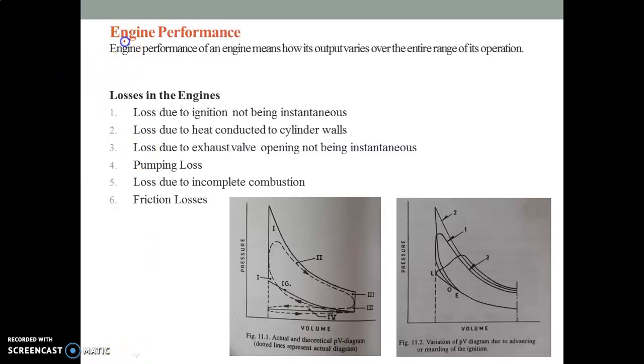So what is the engine performance? Generally, engine performance means how its output varies over the entire range of its operation. Whatever operations are carried out, what output we are obtaining, that is most important.